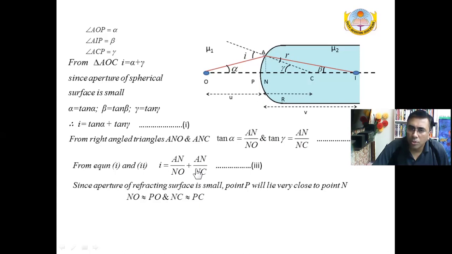So from equation 3, I replace NO with PO and NC with PC. So equation 3 becomes I equals AN upon PO plus AN upon PC. And this is equation number 4.